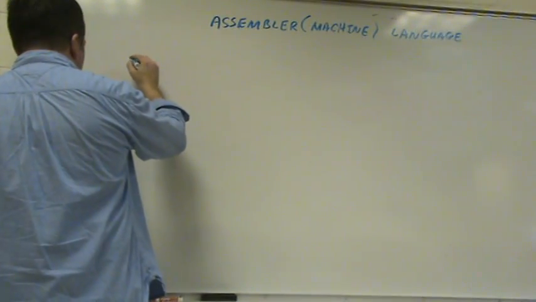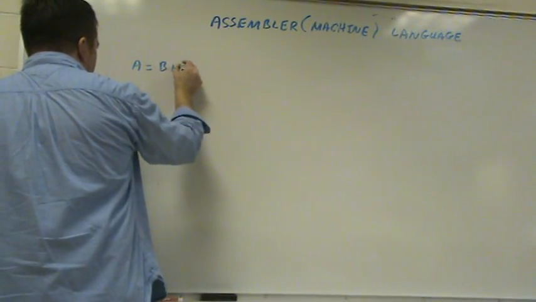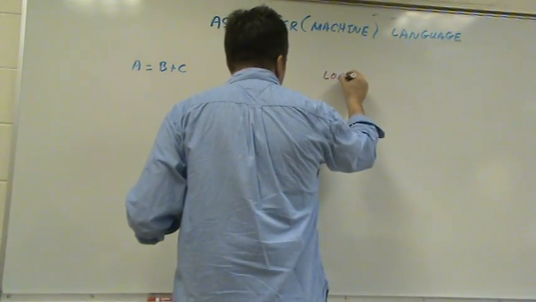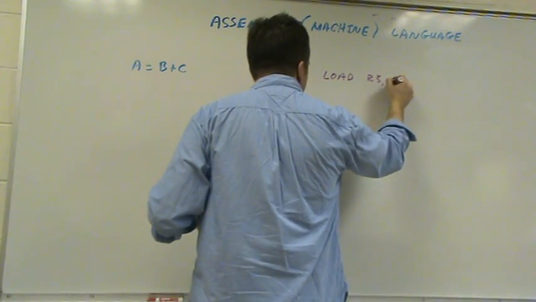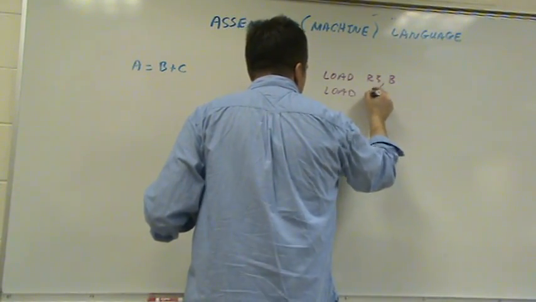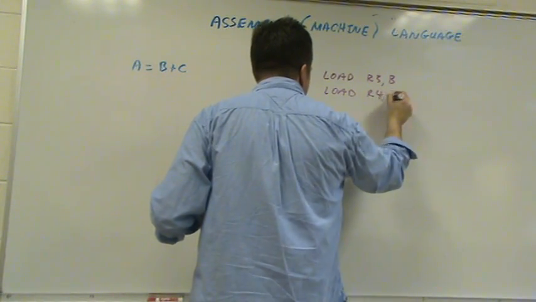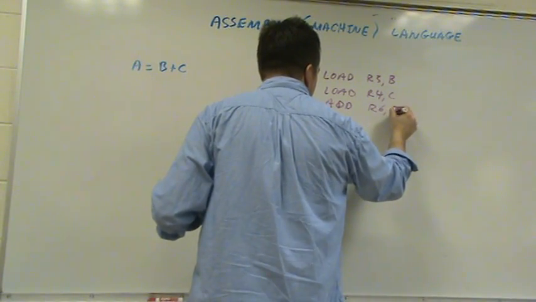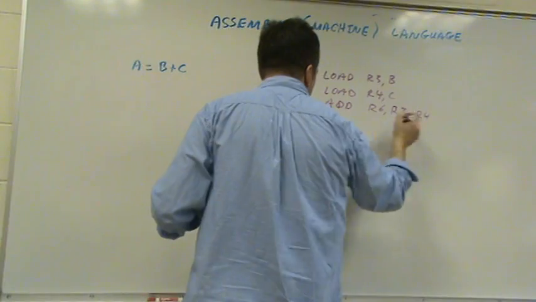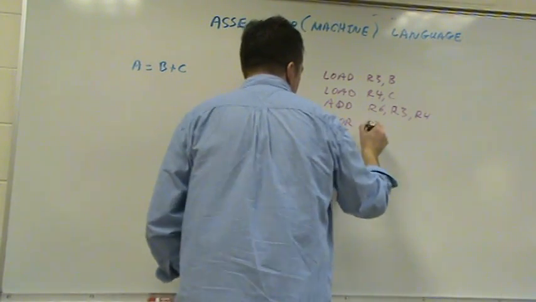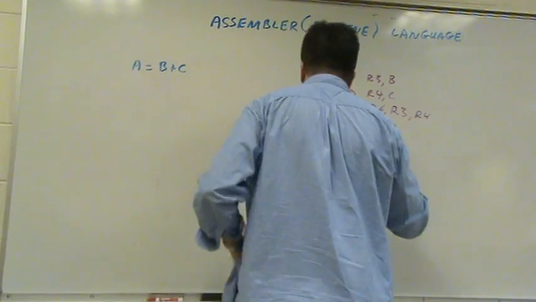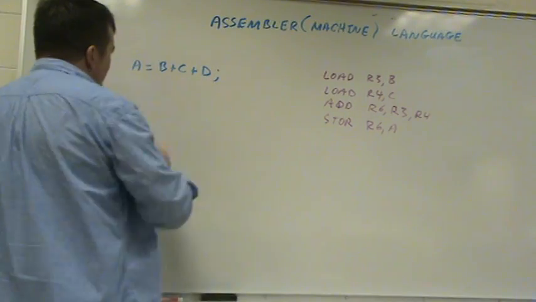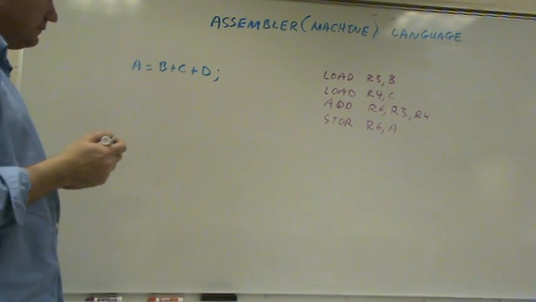So, for example, if we had A equals B plus C, our processor would do the standard: load register 3 with B, load register 4 with C, add register 6 with register 3, register 4, and then store register 6 into A. Now what if we did this? A plus B plus C plus D, right? We could do that in C and C++.